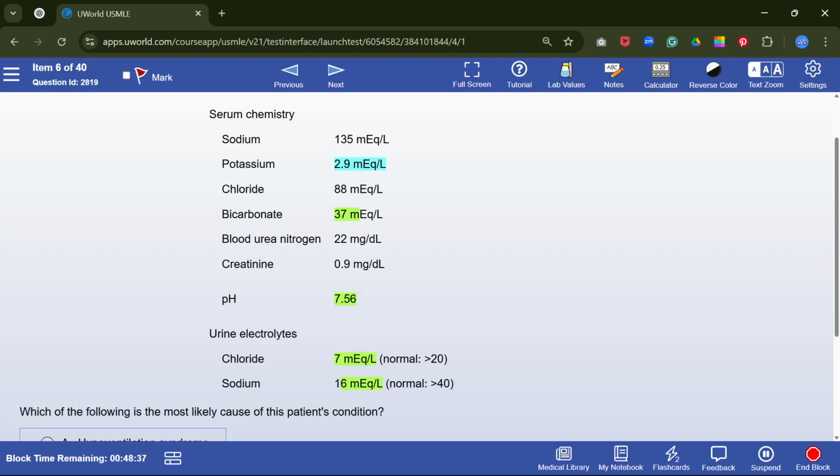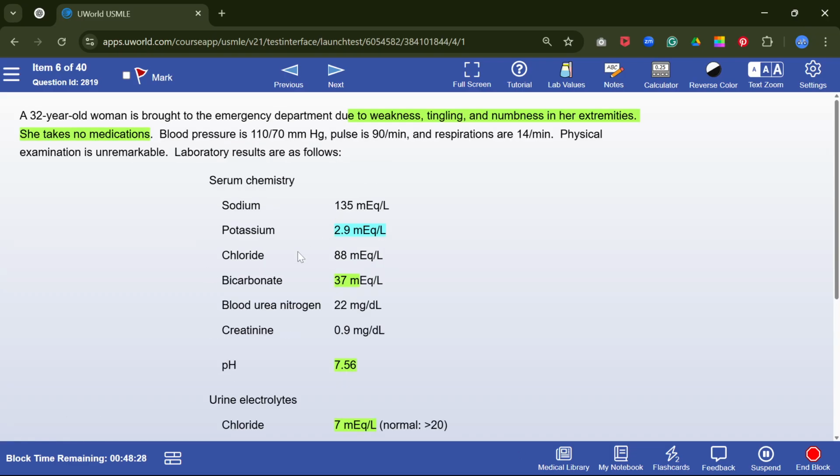Metabolic alkalosis with hypokalemia: hypokalemic, hypochloremic, metabolic alkalosis.